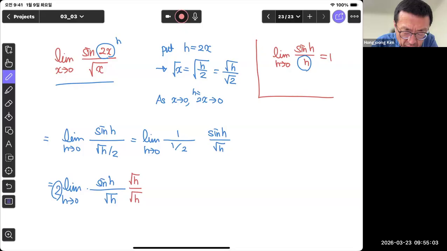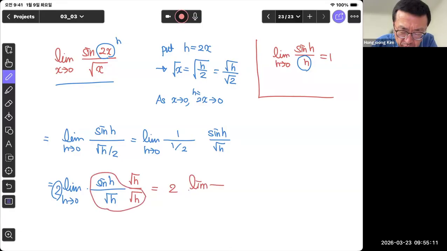Then what I have is the constant times the limit of sine h over h as h goes to 0, and then the multiplication by the square root of h. The limit of this product is the same as the product of the limits.